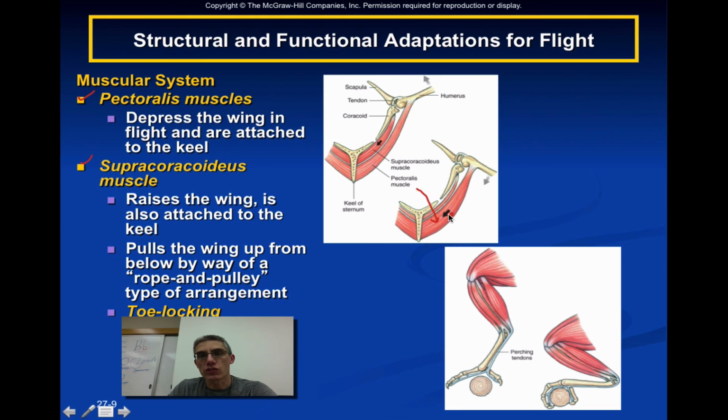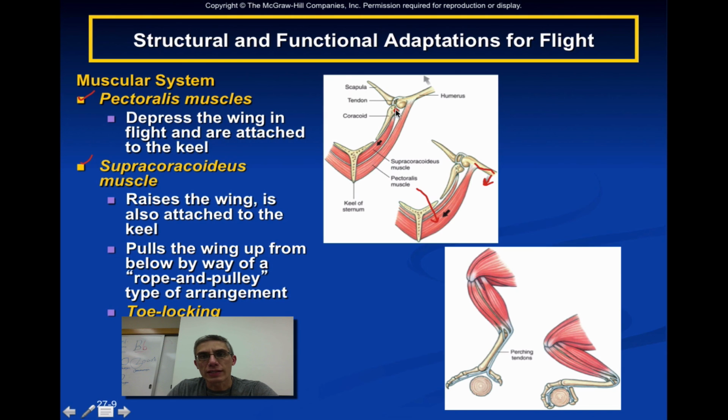And if you notice, when this muscle contracts, it's going to basically pull the wing down, and so this is going to represent the wing, and so the direction of the wing is going to be in a sort of downward motion. Now, once that muscle relaxes, the supracoracoideus muscle is going to contract, and it's going to sort of work by a rope and pulley type of arrangement. Because if you notice, the supracoracoideus muscle is this one right through here.